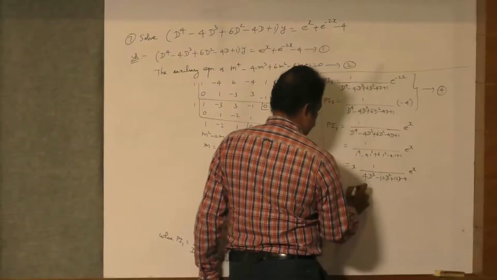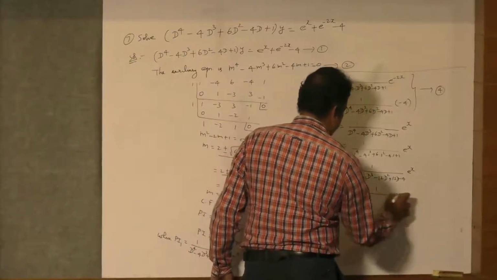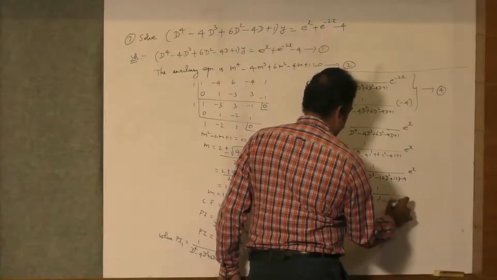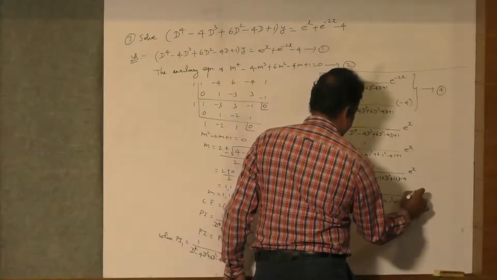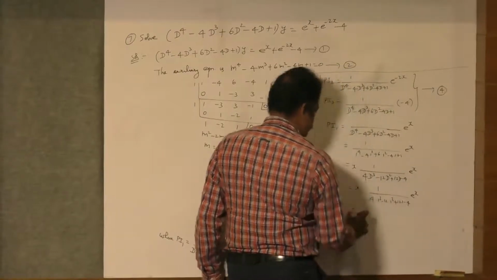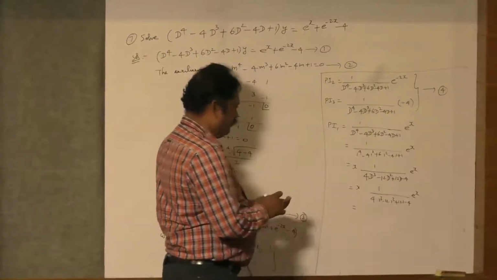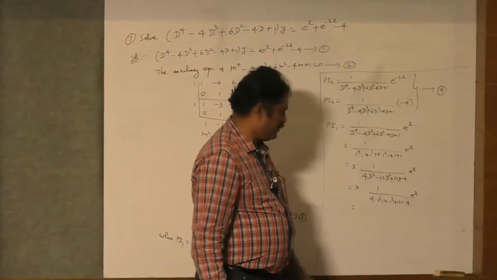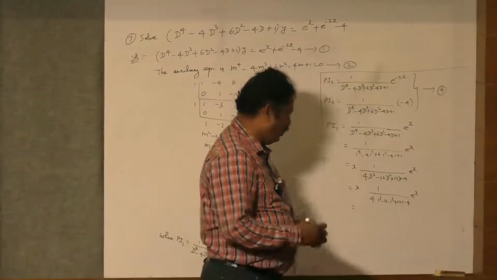Now substitute d is equal to 1. We get 4 into 1 cube minus 12 into 1 square plus 12 into 1 minus 4, e power x, which is equal to 4 minus 12 minus 8 plus 12 plus 4 minus 4, 0. Again we get 0. Again failure case.